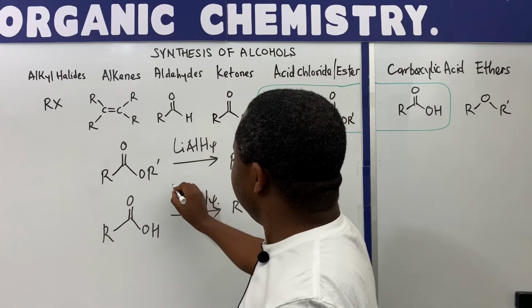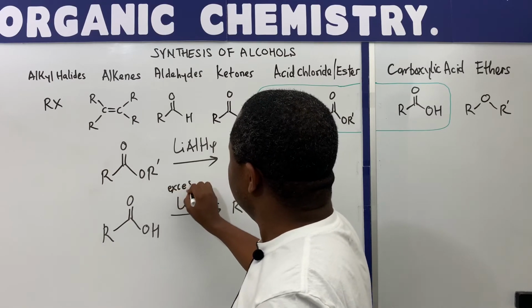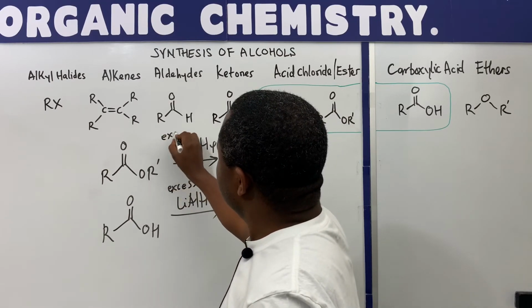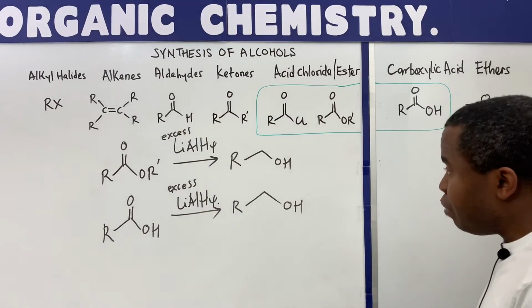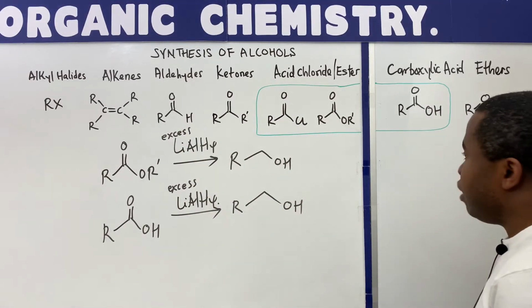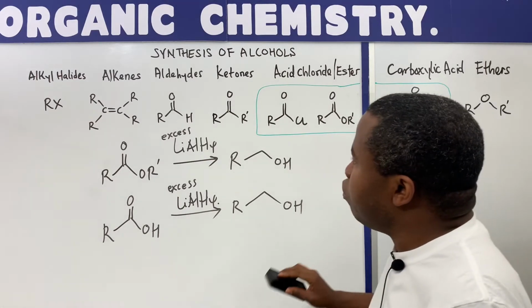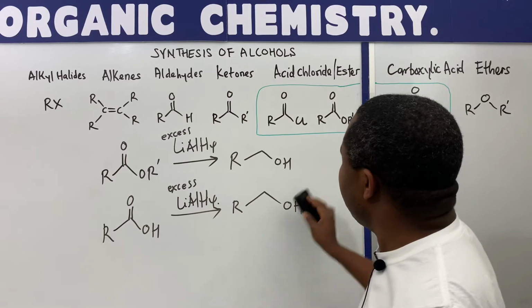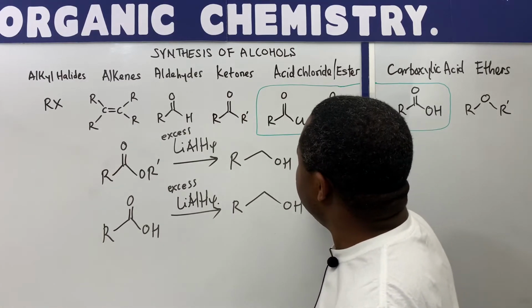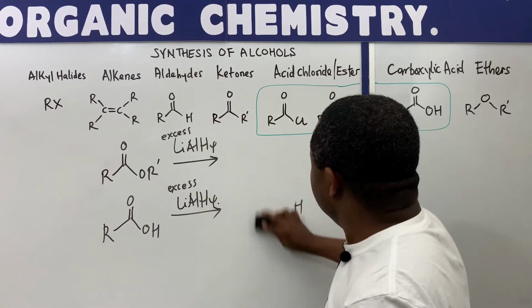In most cases, lithium aluminum hydride. And the mechanism is similar to the mechanism that I showed you when we reduced carbonyl compounds using lithium aluminum hydride or sodium borohydride. I'm going to show you now.